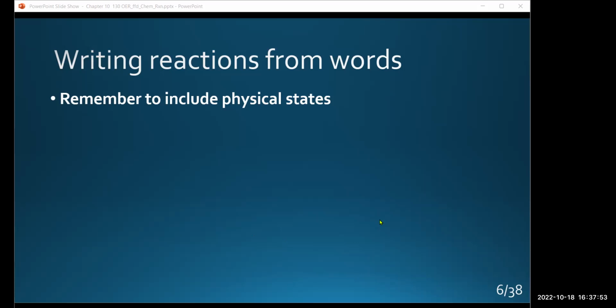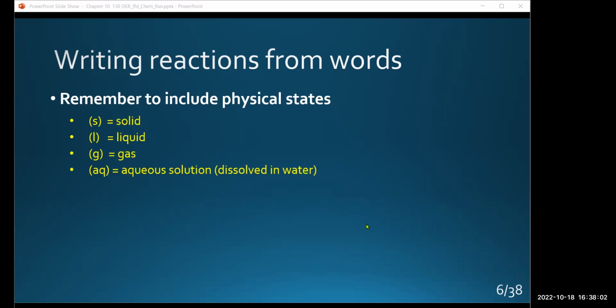So if they are ionic compounds and we're dealing with an aqueous solution, then if it's soluble, we write the letters AQ, like we did earlier. Or if they're insoluble, we write the letter S, okay? We designate it as insoluble and it's a solid.